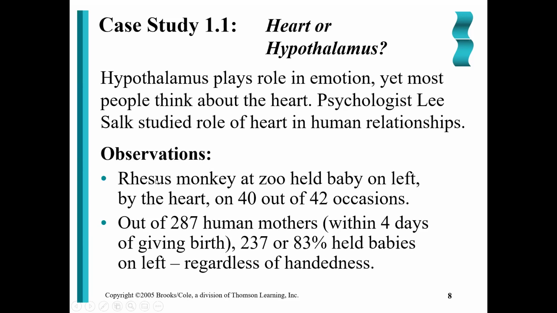I think Lee Salk looked at rhesus monkeys at zoos, and they found that in 40 out of 42 occasions, the mom rhesus monkey held the baby on the left, by the heart, as opposed to the right side. They also showed that out of 287 human mothers, 237 of them, or 83%, held babies on the left, regardless of whether they were left-handed or right-handed.